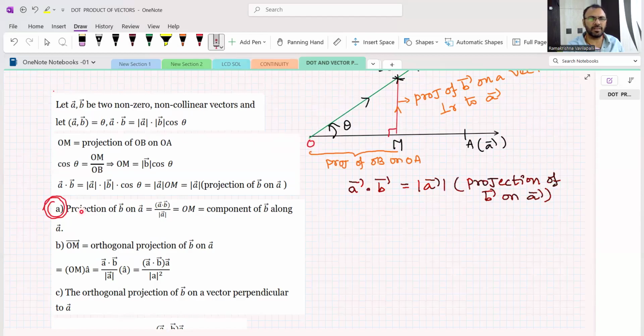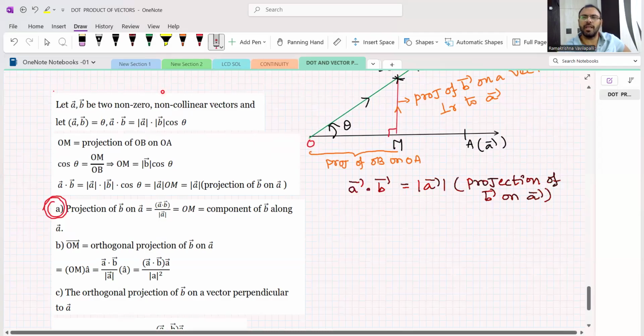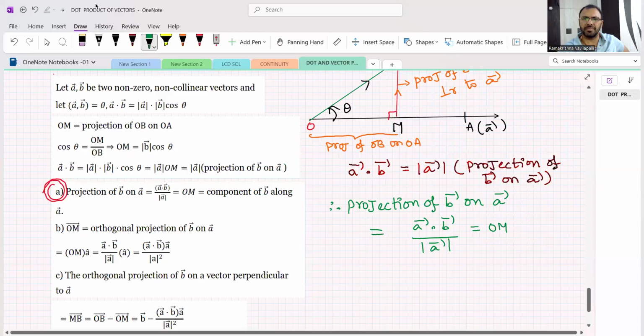This is known as the scalar component of B bar along A bar. This is very, very simple and very, very useful also.